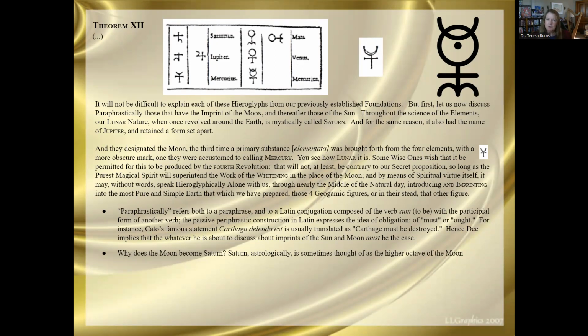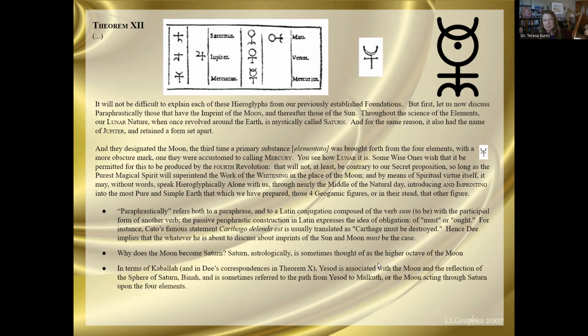And you may remember in the previous theorem, when we flipped the monad, we knew to do it because the moon is looking up at the sun rather than being, as in the right-side-up glyph, on top of the sun, and receiving the sun's rays, which we associated with Yesod receiving the energy from Tiferet. All right, all of these could be reasons why the moon becomes Saturn.